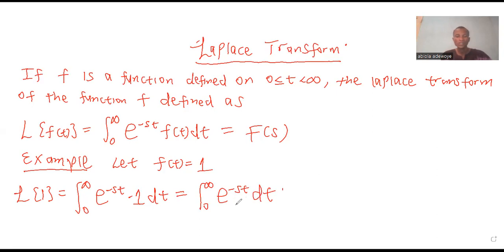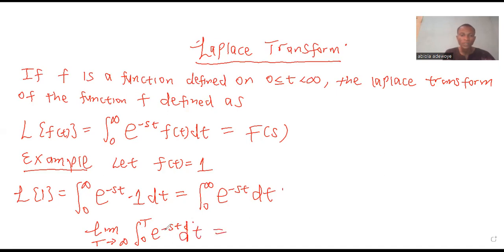Now, when you integrate exponential minus st dt from 0 to infinity, what do we have? We have the limit as t tends to infinity of the integral from 0 to t, so t has taken the position of infinity, of exponential minus st dt.